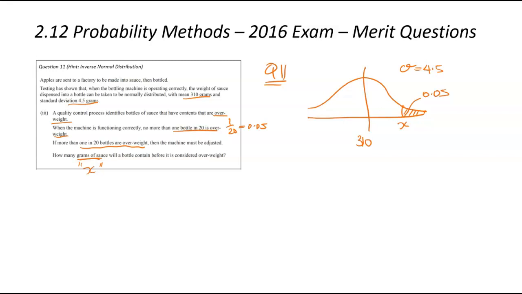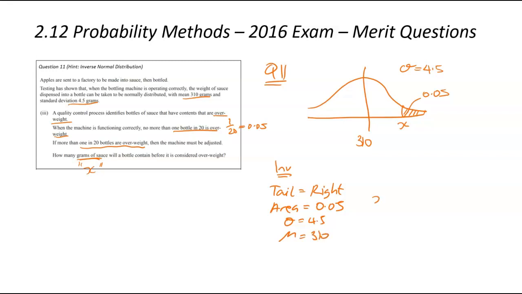So now that we've done that, we've got to think about our calculator. We're in the inverse mode, and the first thing you need to input is your tail, and our graph is a right tail because it's on the right-hand side. The area is 0.05. That's the 1 out of 20. The standard deviation, nice and easy, 4.5, and the mean, 310 grams.